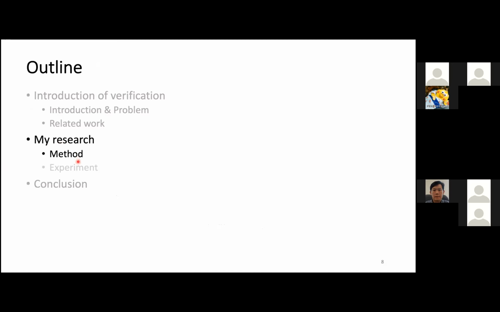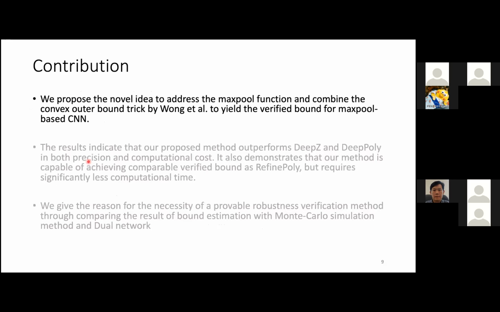First I will share my methods here. And the method part also verifies our first contribution. That is, we propose a novel idea to address the maxpool function and combine it with the convex outer bound trick by Wong. So therefore, we can verify the maxpool-based CNN.